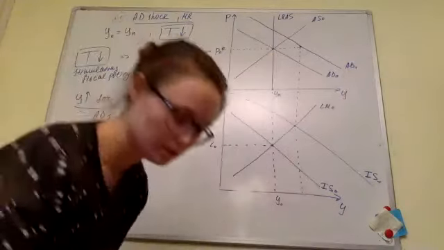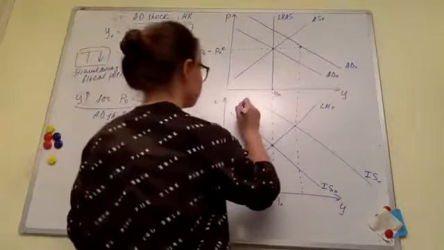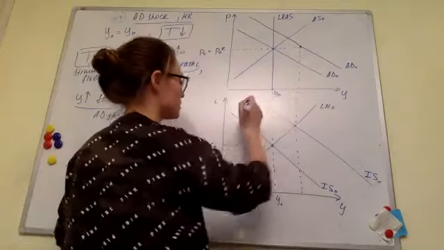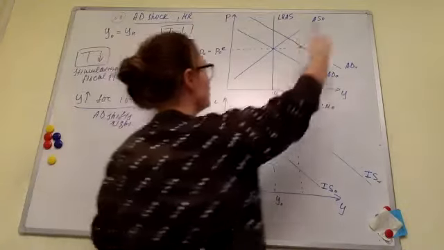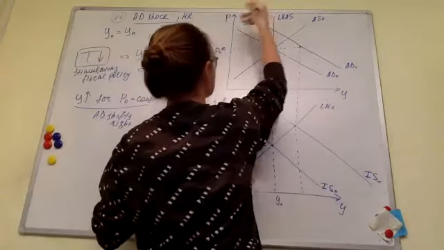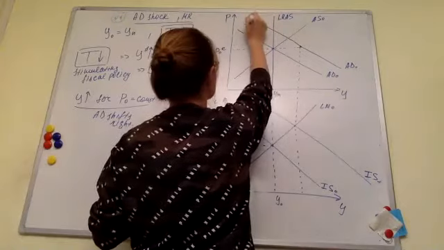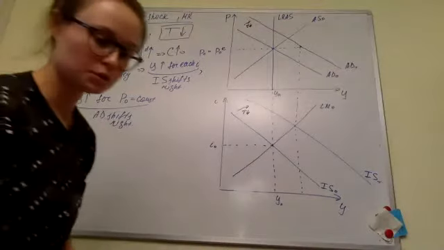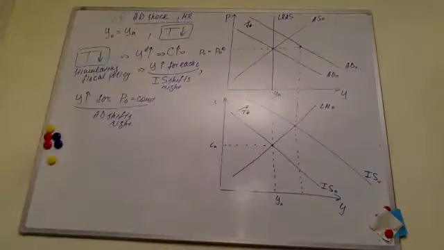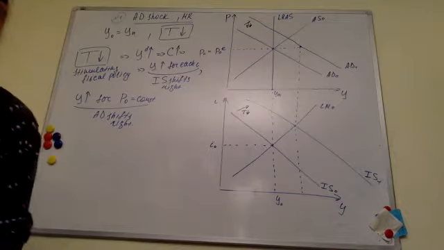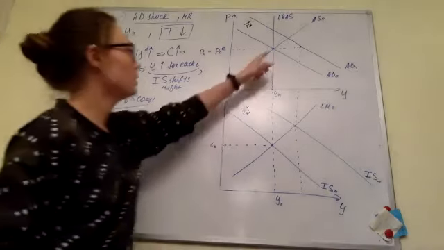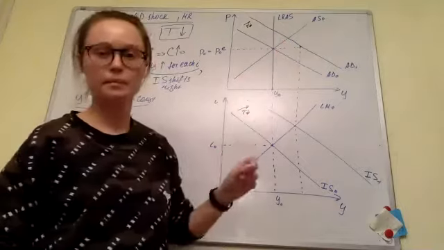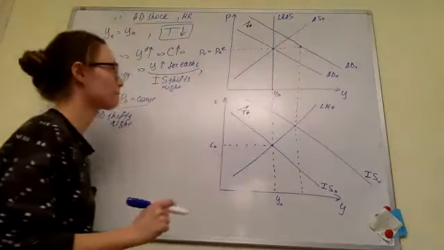Then we need to explain these shifts. IS shifts right because taxes are lower now. AD shifts right also because taxes are lower. Good. What's happening then? I think the LM curve should also shift. Why?